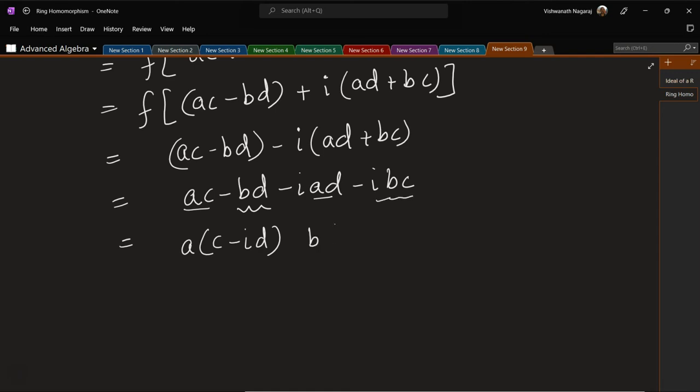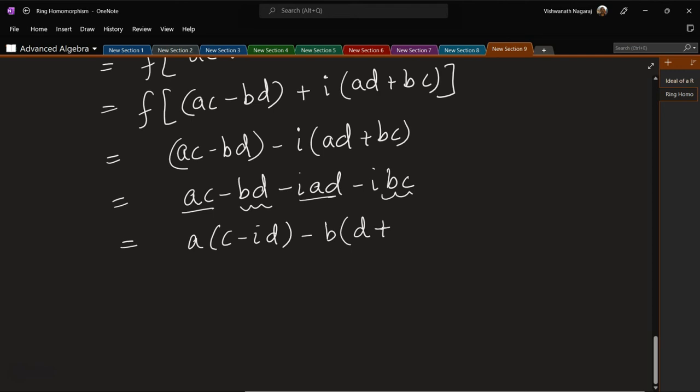So B times, now here let's take this and this, A is common, so C minus iD. Then B is common here, so B, and this would make this as D minus BD plus iC.